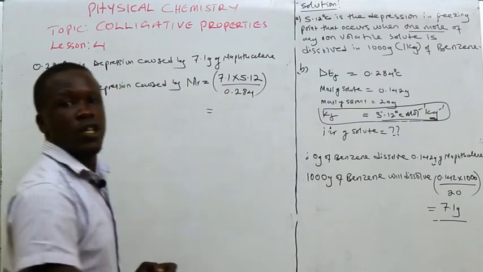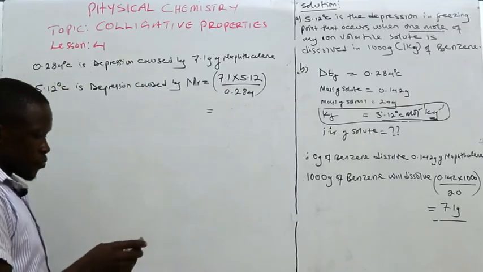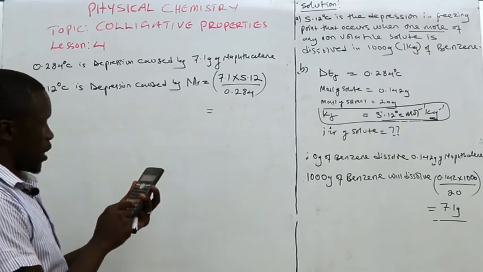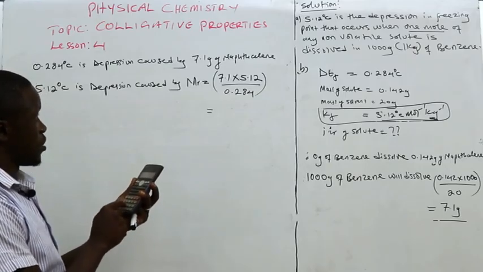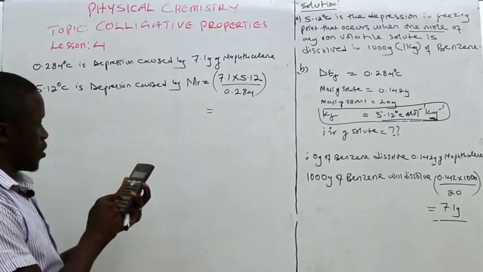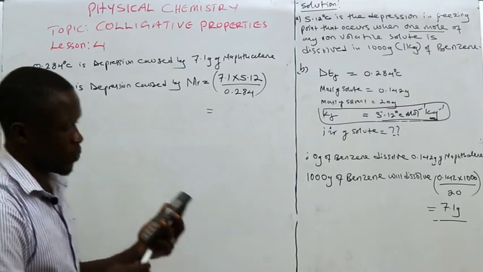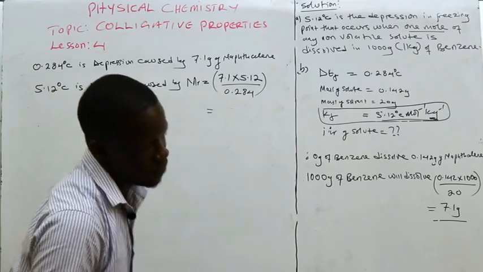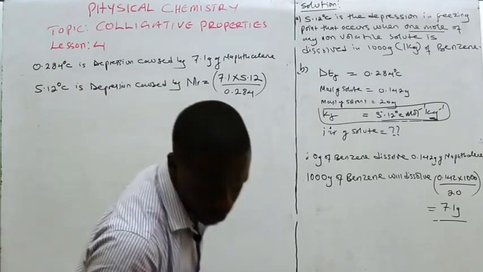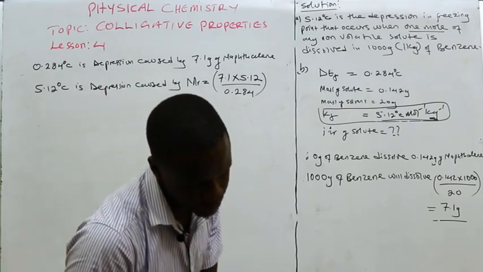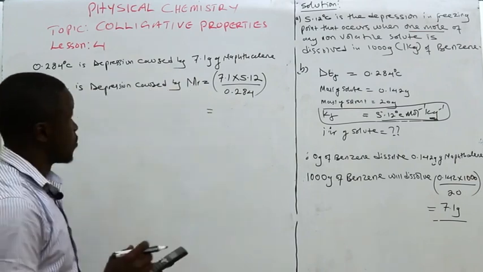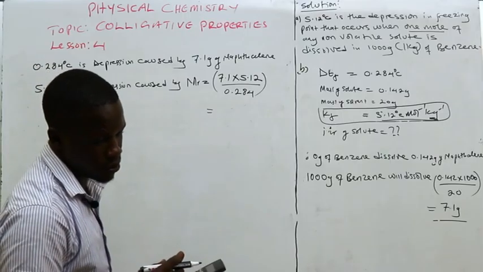So you get your calculator and compute. So you will have 7.1 times 5.12 divided by 0.284. So we get 135. I hope that is what we are getting. We can try to repeat and see. This is 0.284.